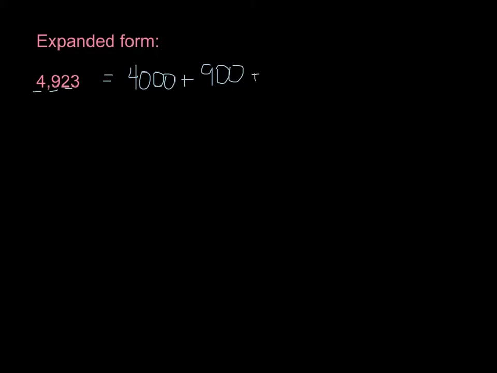And then 2 in the tens place, that's 20. And then 3 in the ones place. And this is how you write numbers in expanded form. You just stretch it out and say what place value it's in. Go ahead and get that copied down into your notes, and then I'll take you on to the next part.